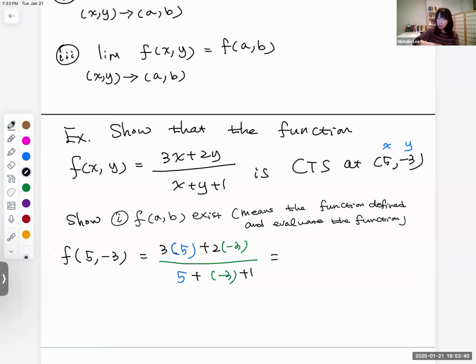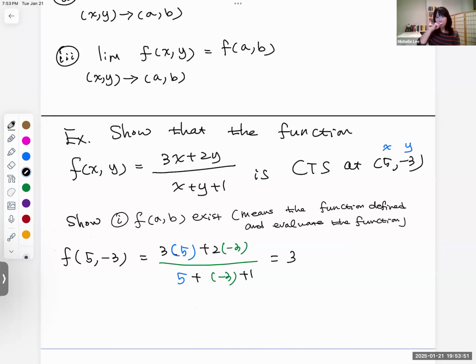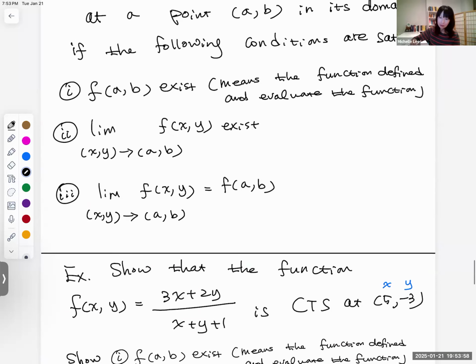What do you get? It's 3. Good. So the function is defined, not undefined.